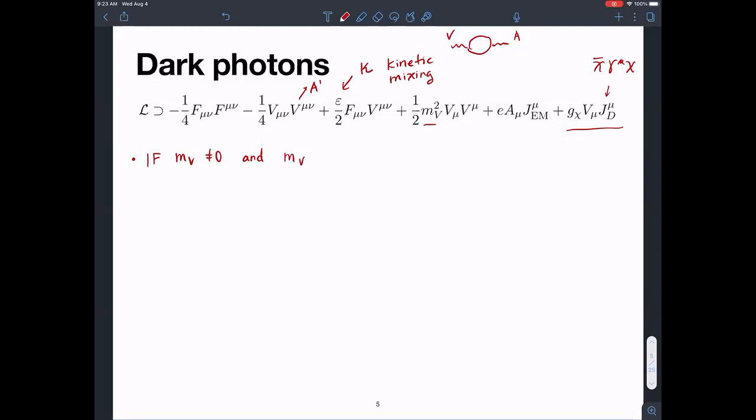What I mean by that is, if we have a non-zero mass, in particular, that the dark photon mass is actually larger than the in medium photon mass.